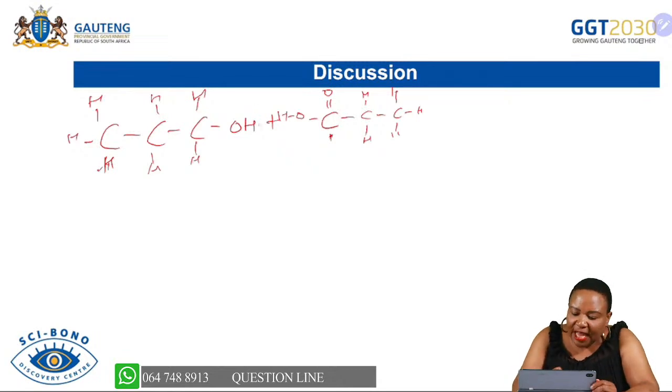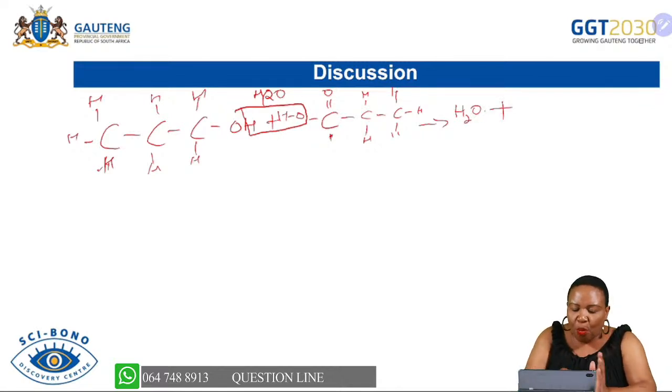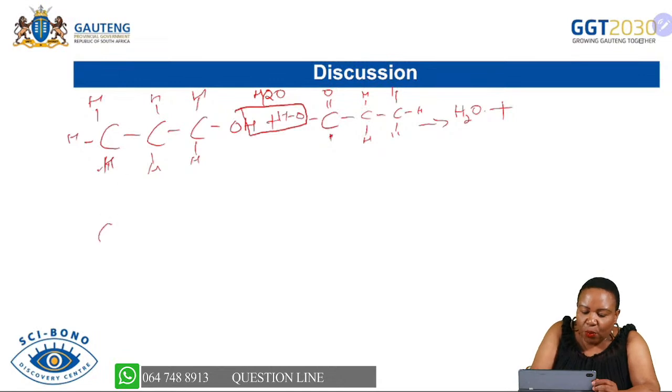So if I take the H from the alcohol and the OH from the acid like this, they are going to form H2O. So H2O is going to be one of my products. Now, what will be the ester that will be formed? I'm just going to combine my structure, meaning that I put my CH3, followed by CH2, followed by CH2.